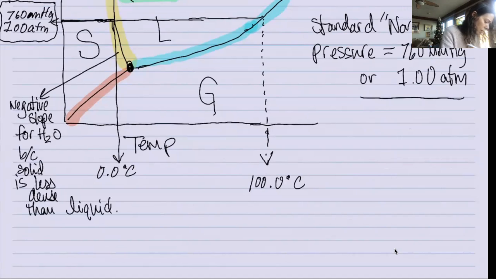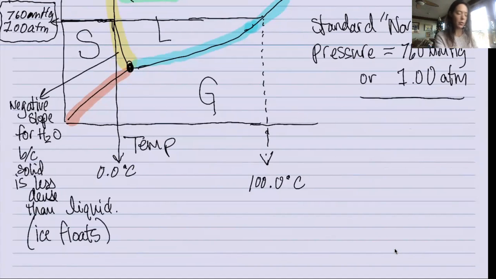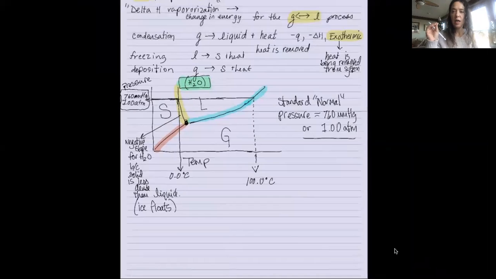And that is why ice floats. Water expands when it freezes, where most other things condense when they freeze. But water expands when it freezes due to the hydrogen bonding that we've discussed.